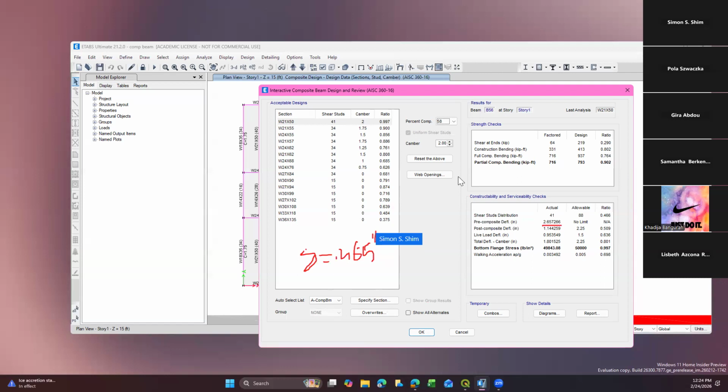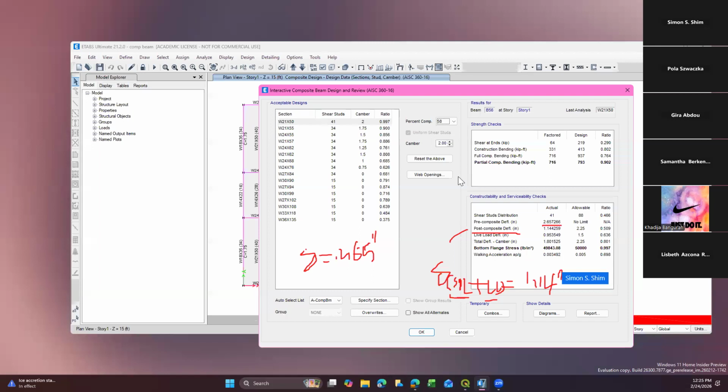Now the post-composite deflection is after the concrete is fully cured. This means we have SDL loading, the superimposed dead load, and also live load. The deflection due to the superimposed dead load and live load will be 1.14 inches.